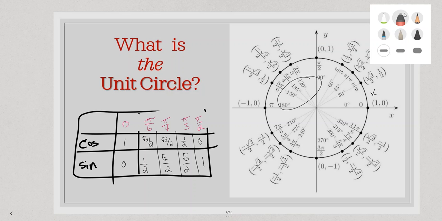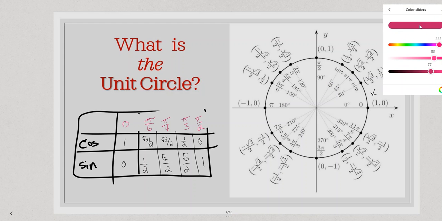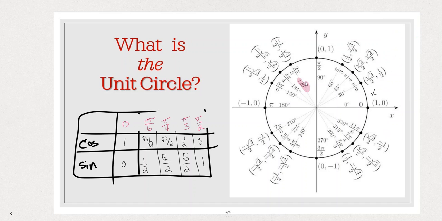I can pick any of them. I could pick any of these and say, I'm going to use 120 degrees. The cosine of 120 degrees is negative 1/2. The sine of 120 degrees is the square root of 3 over 2.